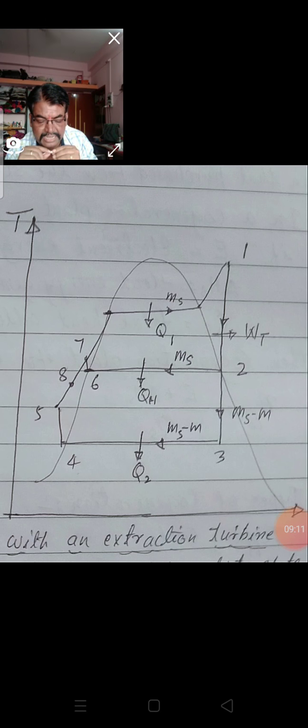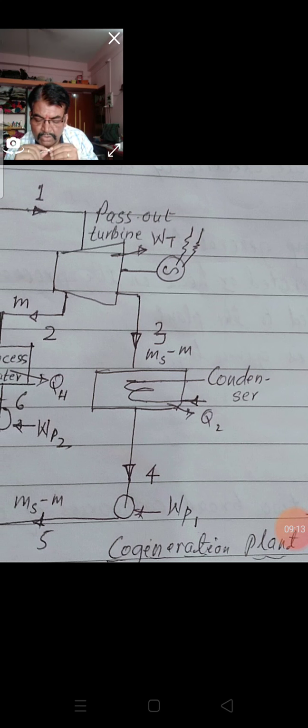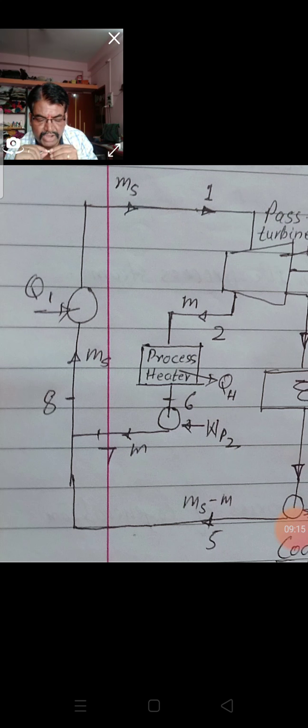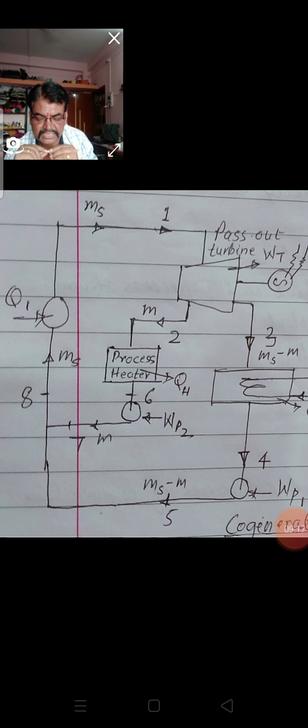Then what is there between 5 to 6? In this diagram, this is point number 5 and this one is point number 6. Then from 5 to 7, what happens?